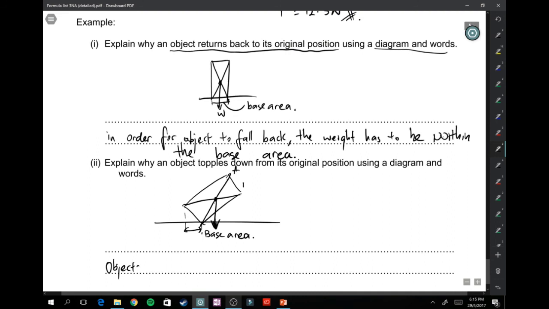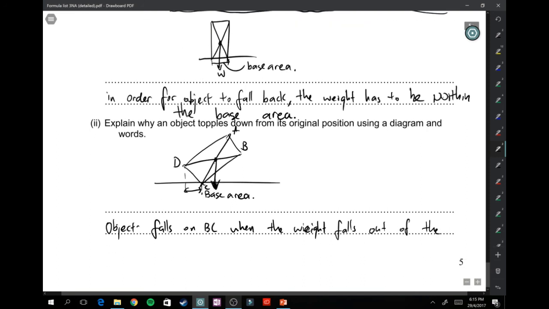Remember to label your object also, A, B, C, D. Object falls on BC when the weight falls out of the base area.